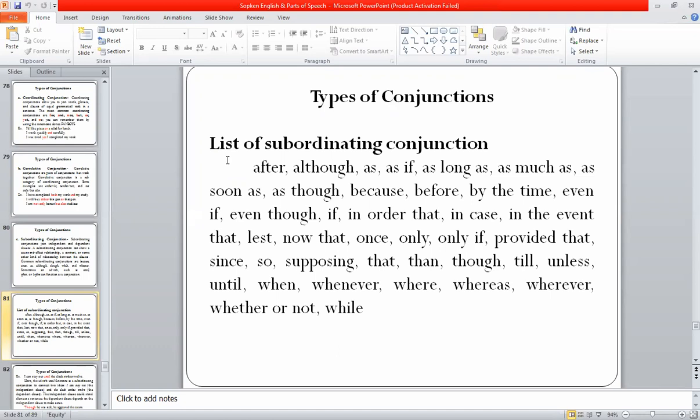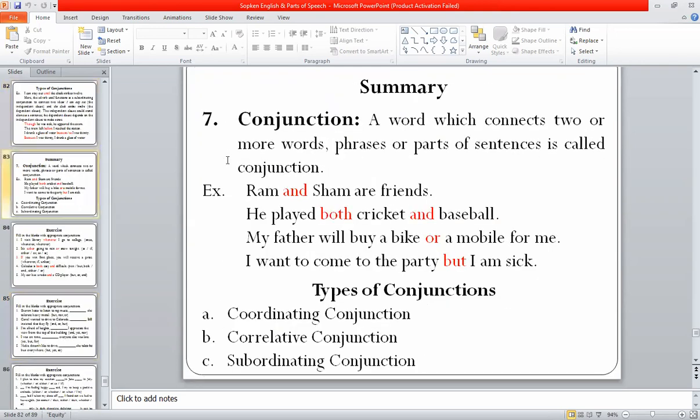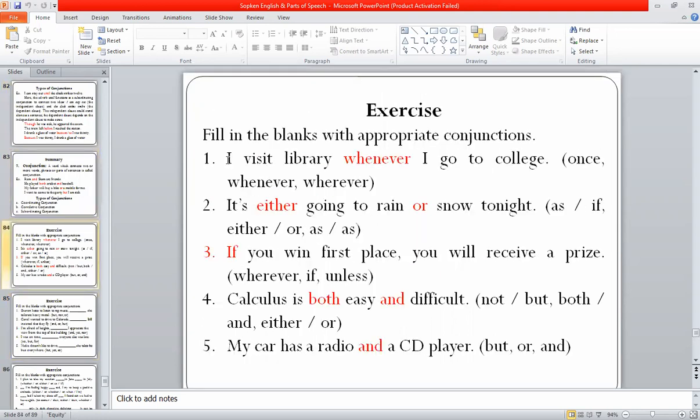Once, only if, provided that, since, so that, whereas, wherever, whatever. These are called the list of subordinating conjunctions. Then also we have seen the uses of subordinating conjunctions, and we also did exercises regarding them.